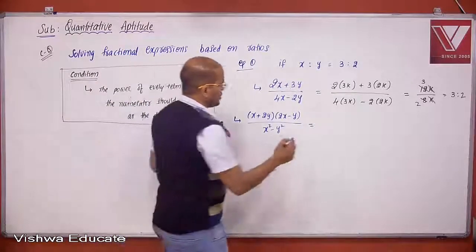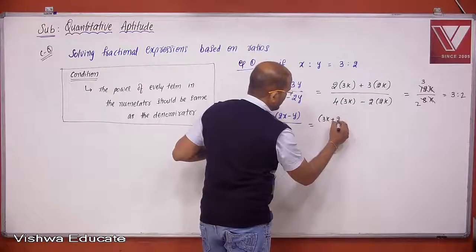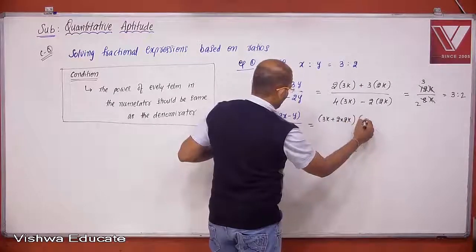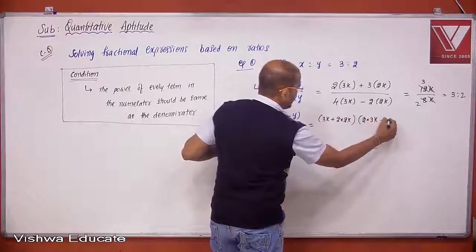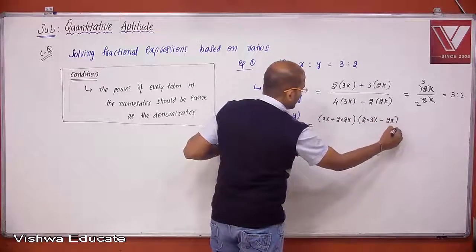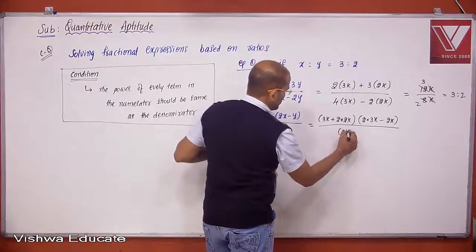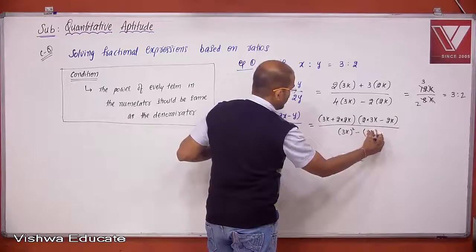So the value of x is 3k, plus 2 into 2k, into 2 into 3k minus 2k, by x square, which is 3k square minus 2k square.